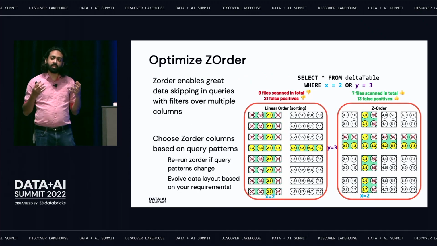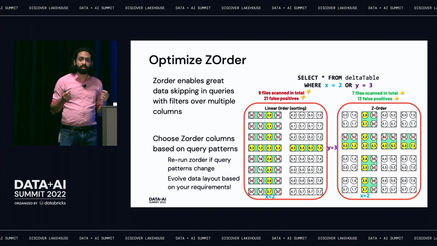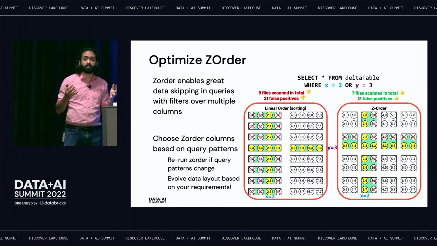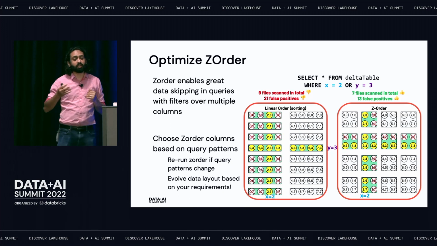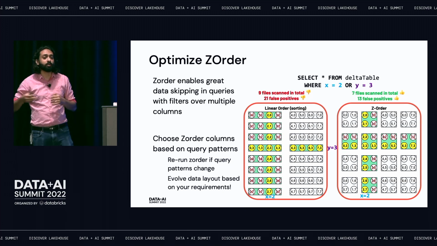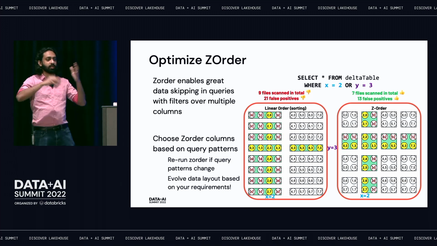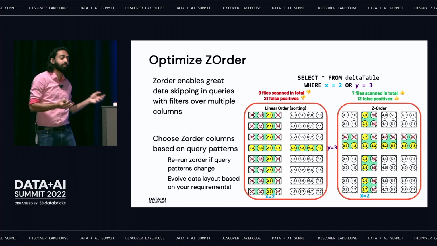If you have a query where you're filtering by two columns, x equal to 2 or y equal to 3, then just a linear sorting doesn't help that much, because you're still reading a lot of files. If you sort by x, you're still reading a lot of files for finding that one value of y, because the value of y is unclustered in the files sorted by x.